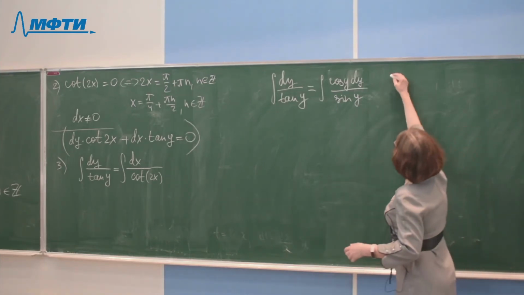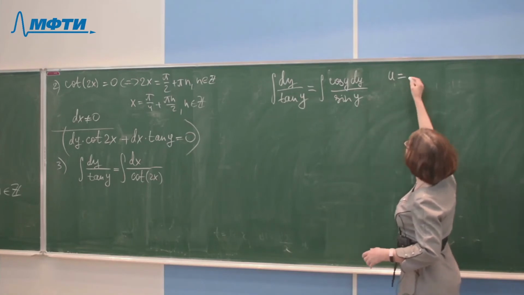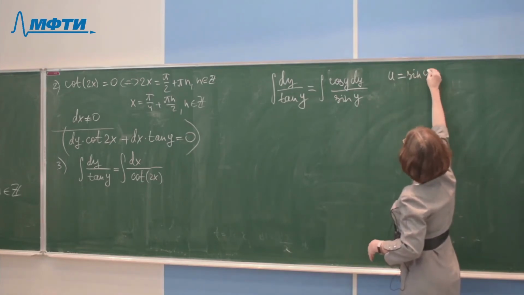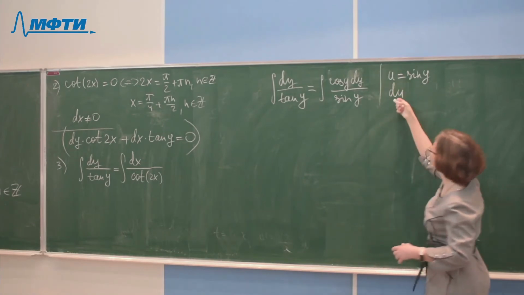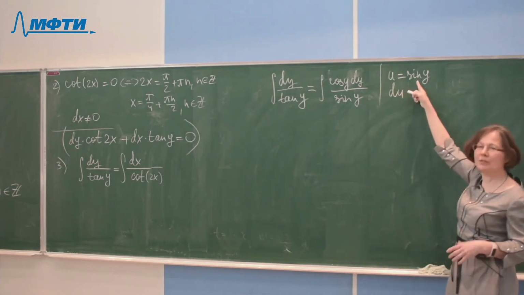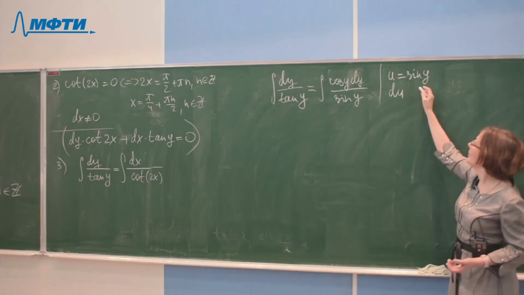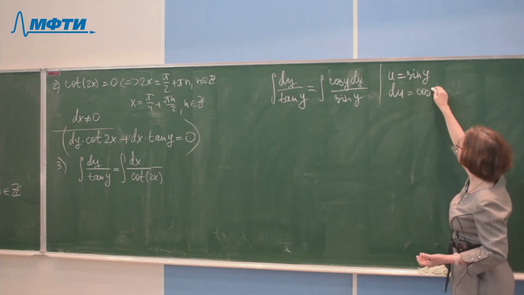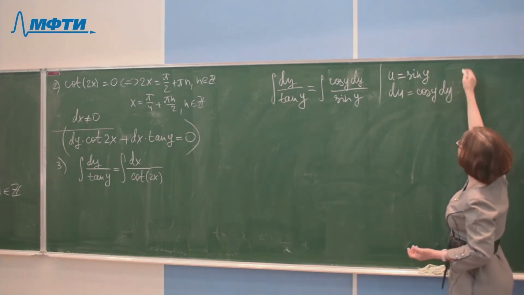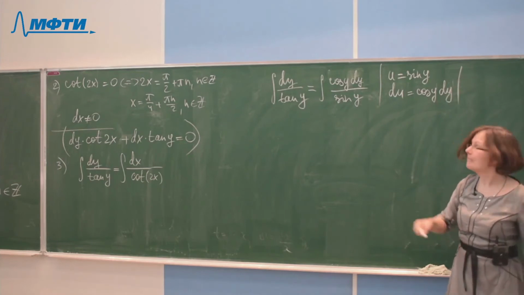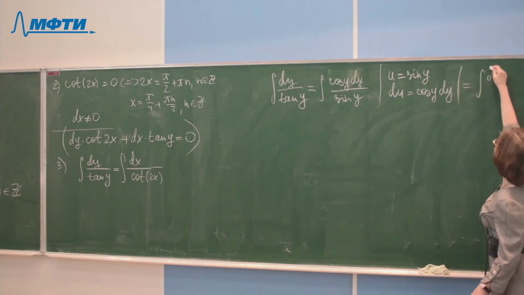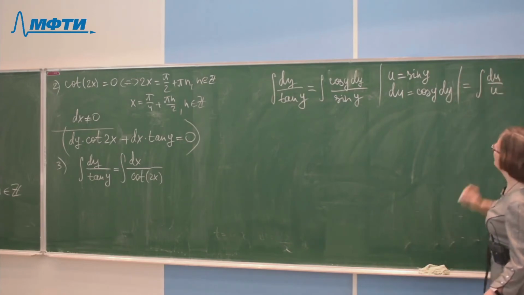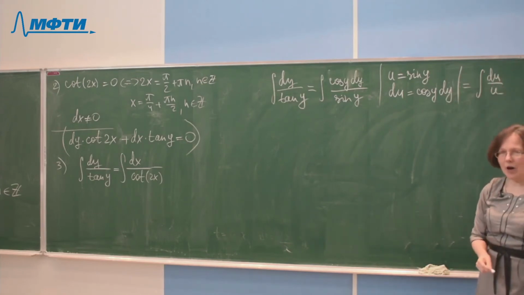If we introduce a new variable u, which is equal to sin y, then what is du? You should differentiate sin y. It will be cos y dy, right? And so this integral is equal to du over u. And now can we write the answer?